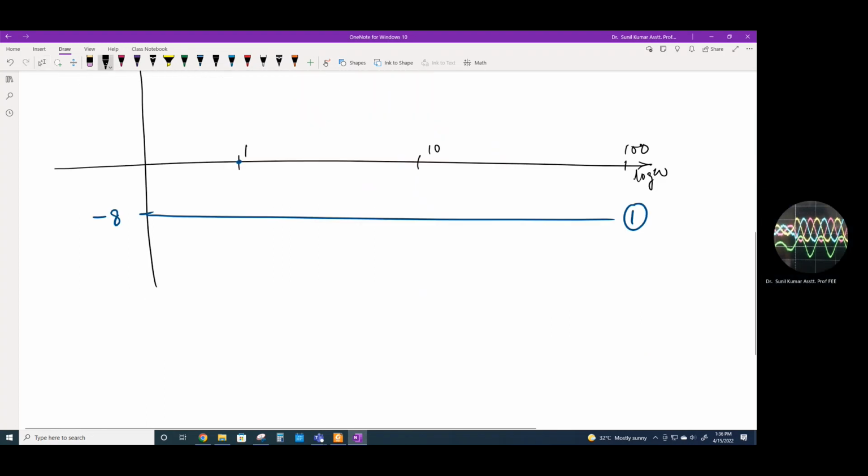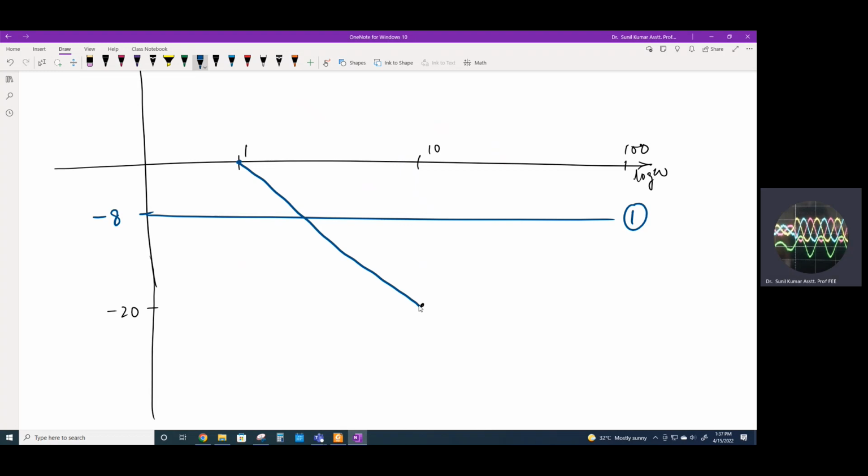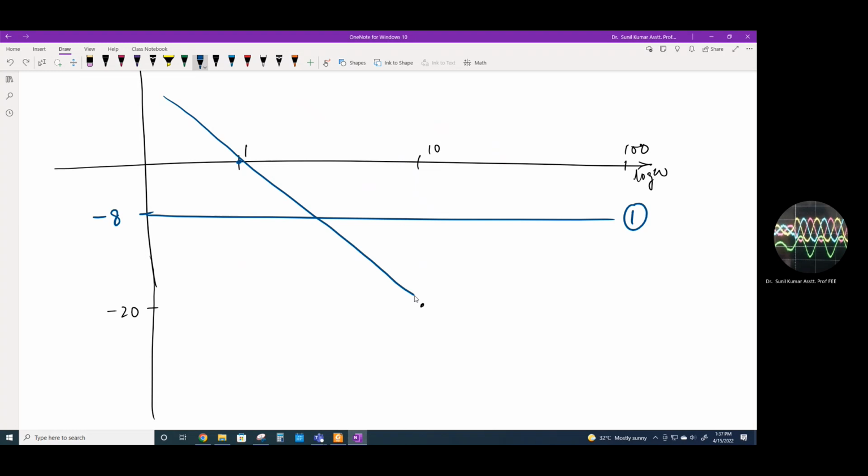That means at reaching omega equals 10, the value of that slope reaches minus 20 dB. That means somewhere here. So the slope on the line will be like this, crossing omega equals 1 and obviously extending further.